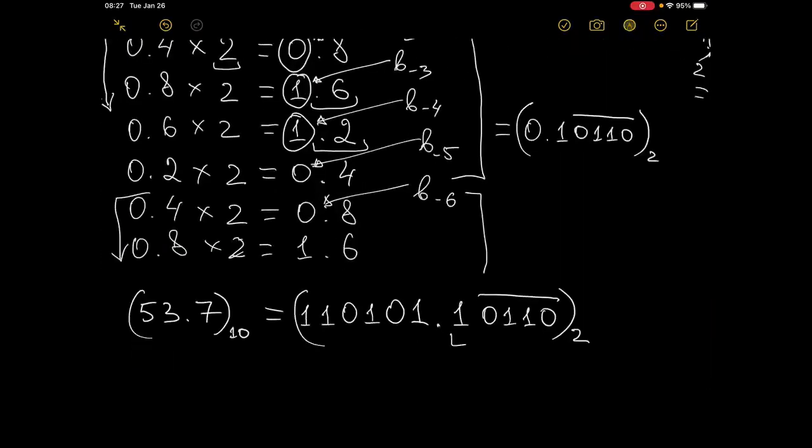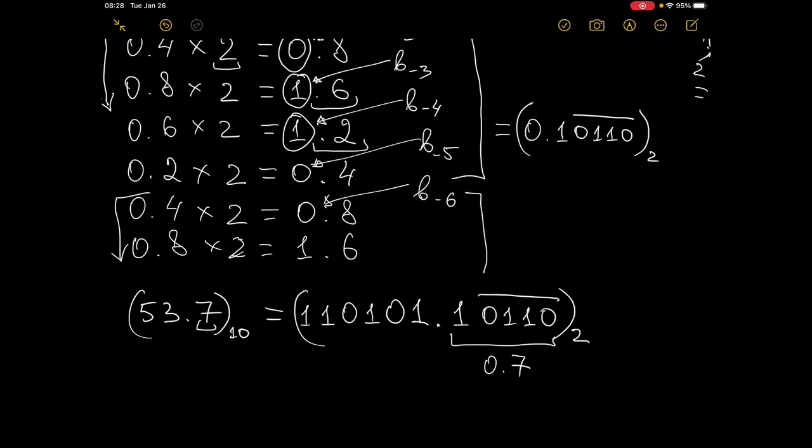So what is the fractional part here? It's just 0.7. So you see, it's a finite fractional part in decimal representation, but it is an infinite fractional part in binary representation. As you understand, your computers are finite, right? So you have a finite amount of memory in your computer.